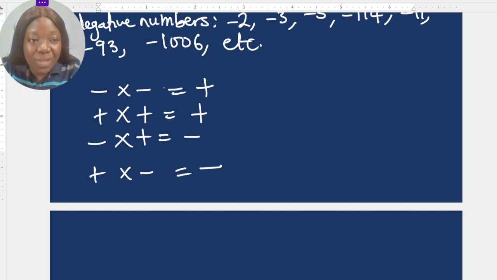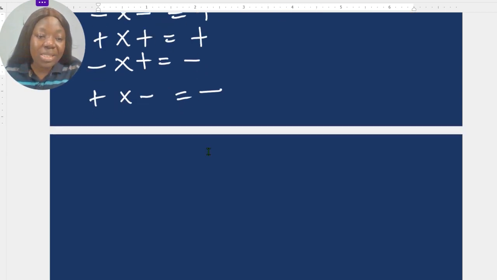Make sure you commit this to your memory. Minus times minus is plus. Plus times plus is plus. Minus times plus is minus. And plus times minus is minus. Now let us move on.